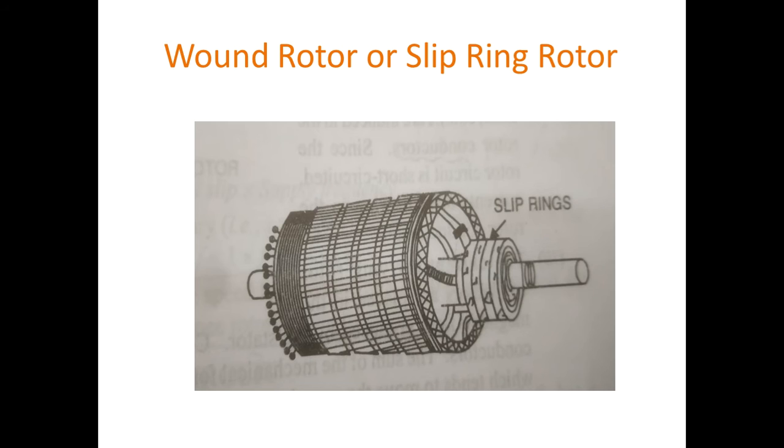This is done to develop large starting torque during starting only. Once the motor runs up to its speed, that means once the motor reaches its normal speed, the external resistances are gradually reduced to zero, and afterwards this rotor will also work as a squirrel cage type rotor.